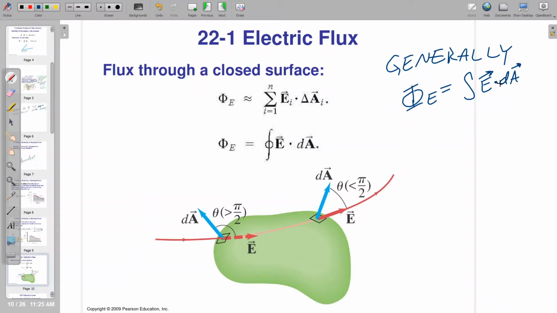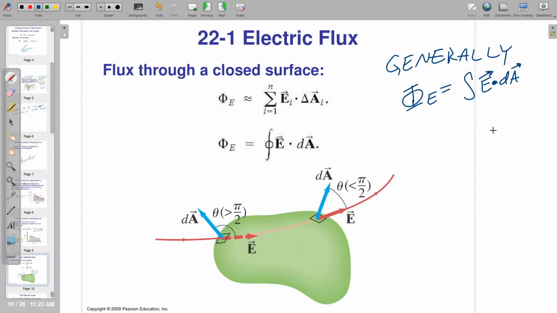So this is exactly the same thing as saying E dot A in the case that E does not vary over A.